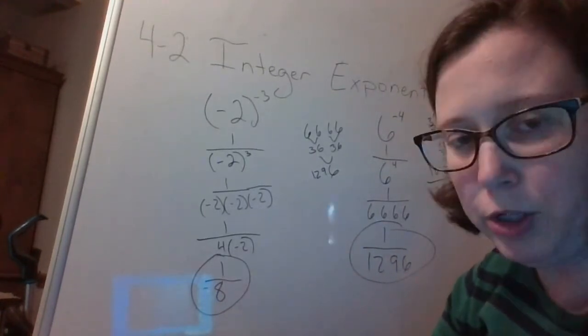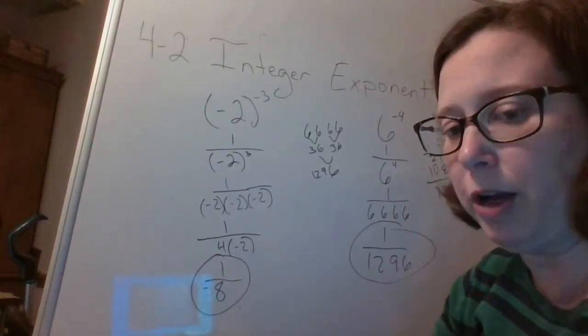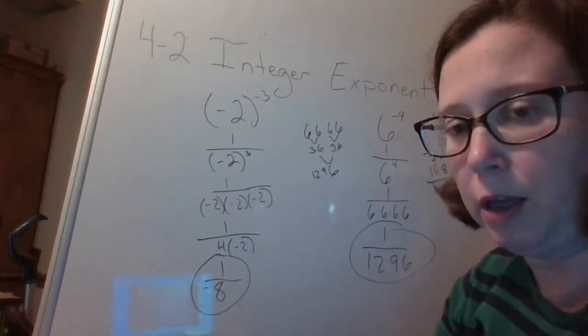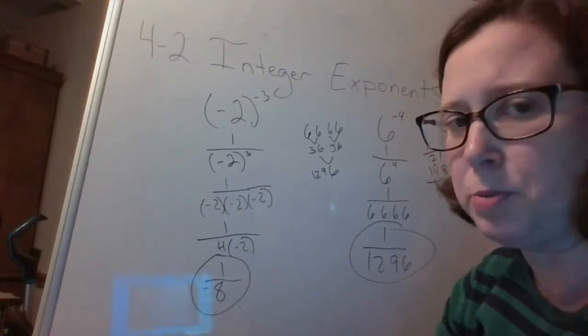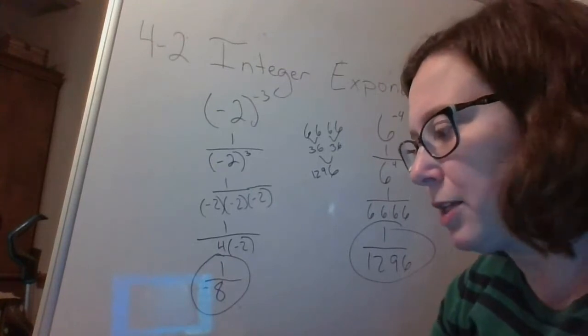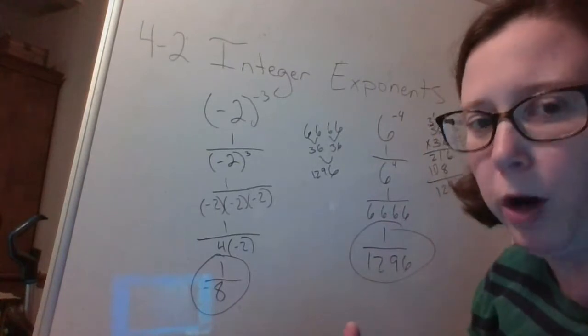So no matter what your base is, if your exponent is 0, it's going to simplify to be 1. So oftentimes algebra books like to put some really complicated term and make the exponent be 0. That whole thing then would simplify to be 1.